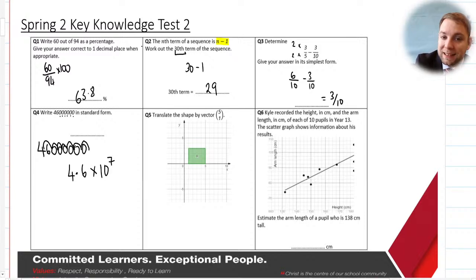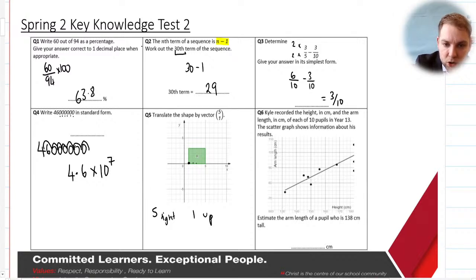Brilliant. Translate the shape 5, 1. Now, with translate the shape, what we need to be doing is 5, 1. The top is a cross. And the bottom is up and down. So this means that I need to move 5 right and 1 up. So I basically take each point and I need to move 5 right.